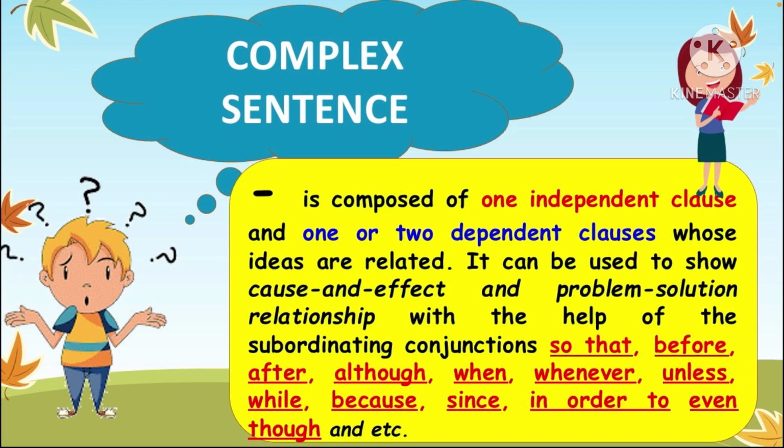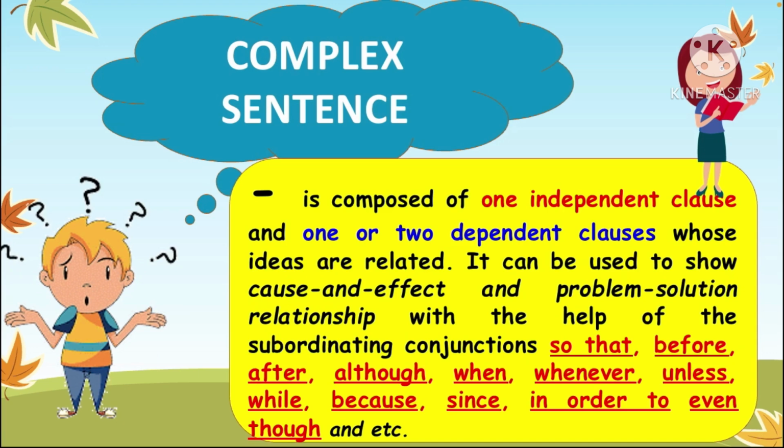Now, let's talk about the complex sentence. A complex sentence is composed of one independent clause and one or two or more dependent clauses whose ideas are related.